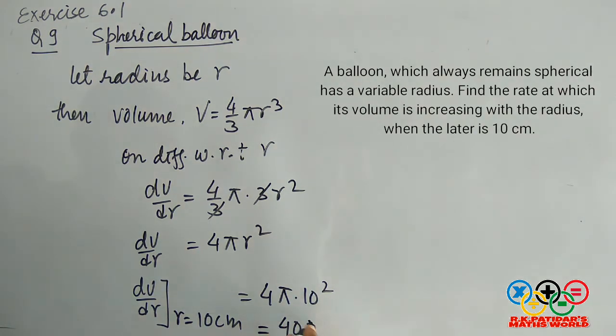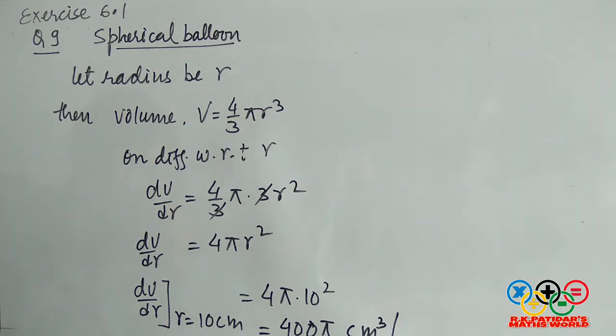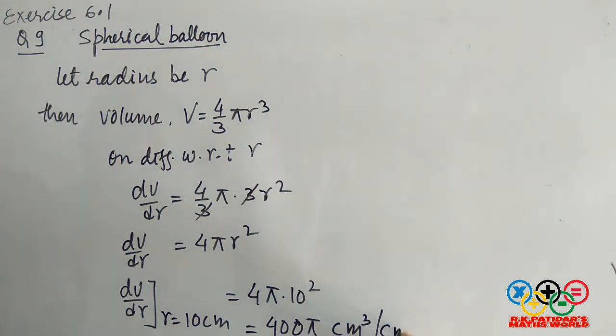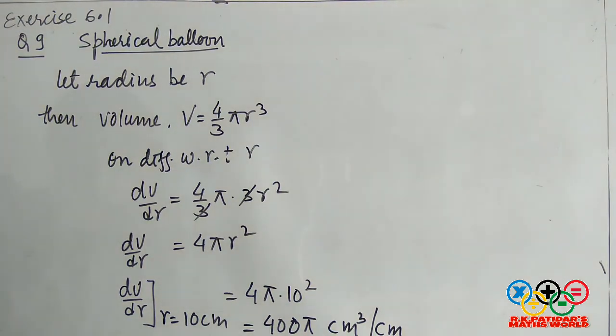So it is 400 pi. And unit of volume is सेंटीमीटर क्यूब. ये सेंटीमीटर में आपको गिवन है. और with respect to radius, so radius is again centimeter. So rate of change of volume with respect to radius will be 400 pi centimeter cube per centimeter.